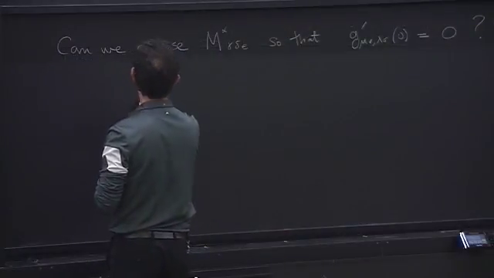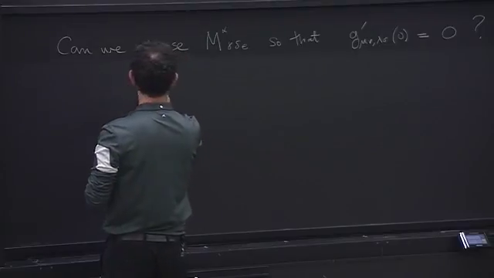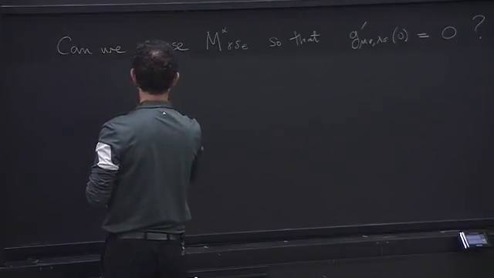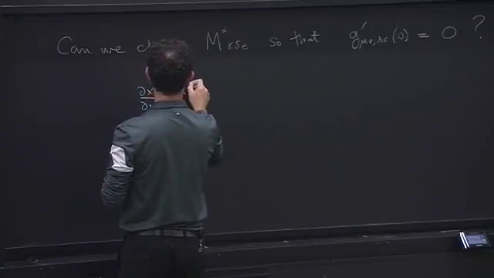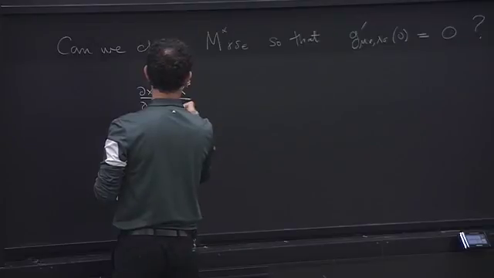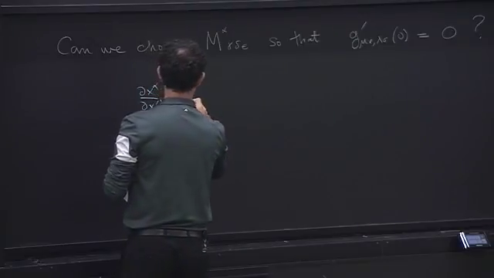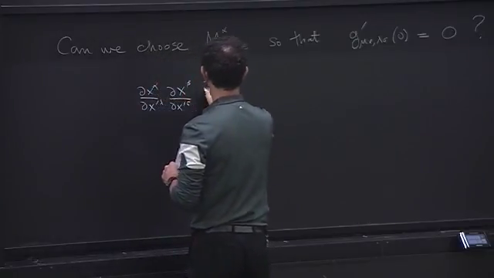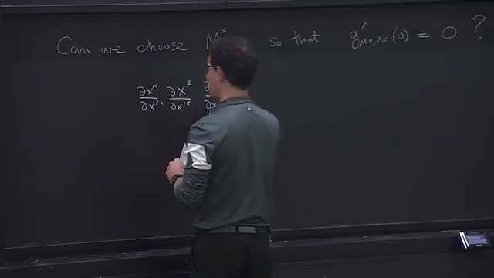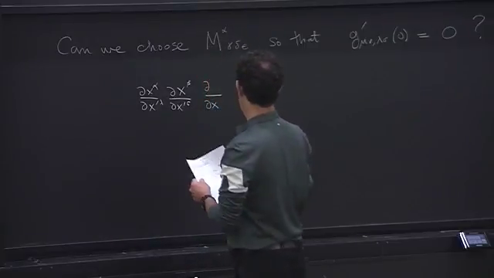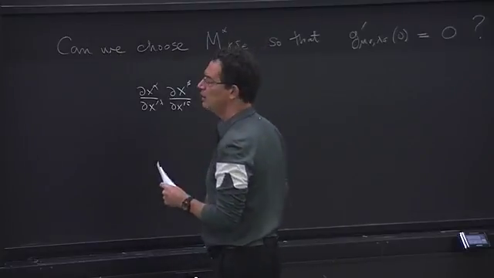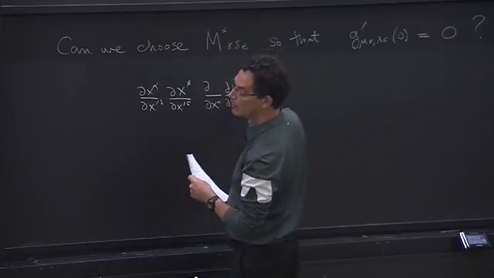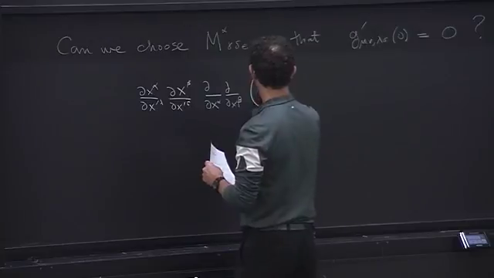So we're going to say dx prime lambda dx beta dx prime sigma, and then we're going to calculate d by dx alpha d by dx beta, and then we're going to work out all of this stuff.